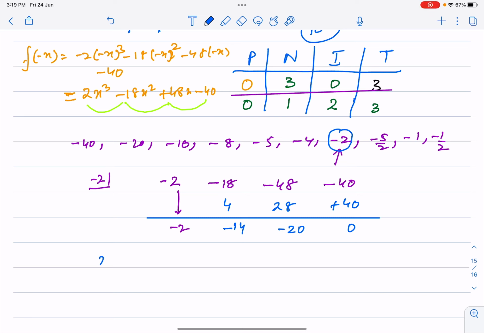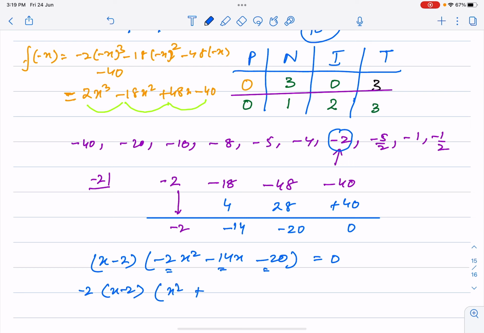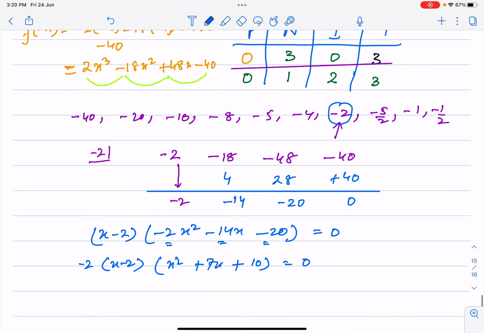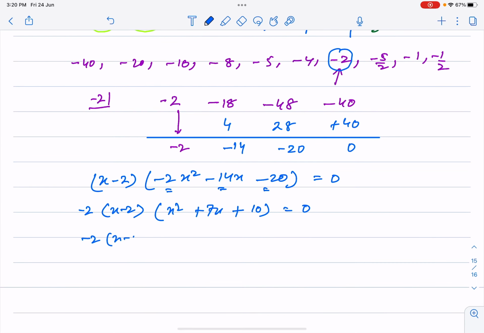So x minus 2 into the equation can be written like this: minus 2x square minus 14x minus 20 equal to 0. So further we have to find out. Let's take minus 2 as common. So minus 2 into x minus 2 into x square plus 7x plus 10 is equal to 0.